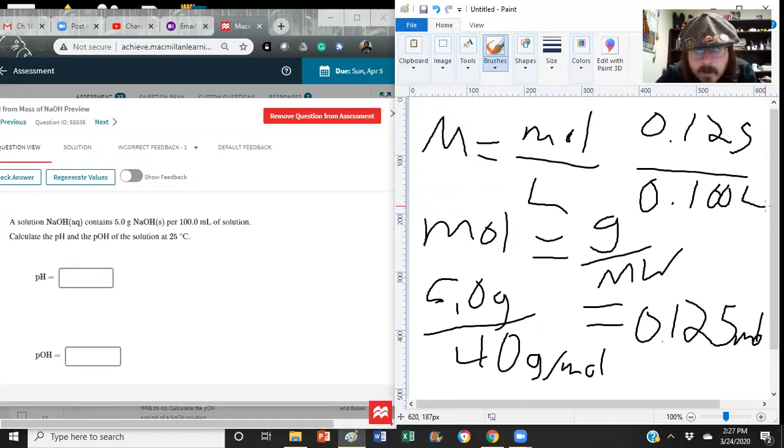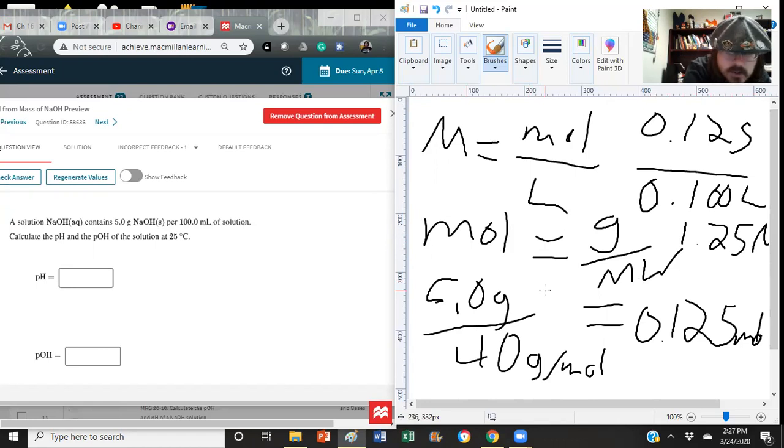With that in mind, your molarity would be 1.25 molar base. So from that, you can calculate your pOH. You take your negative log of that and you'll get your pOH. Don't worry about the actual number. Write down your negative log of that. That's your pOH.